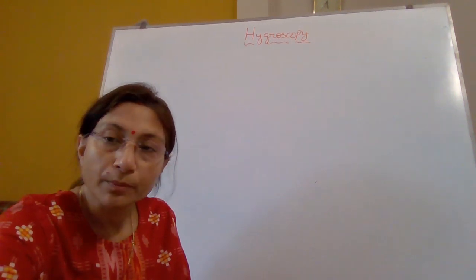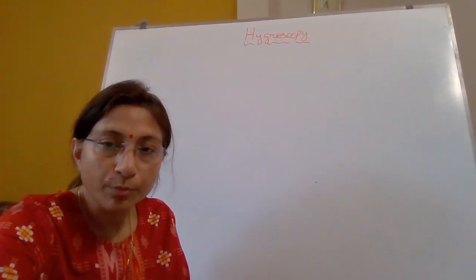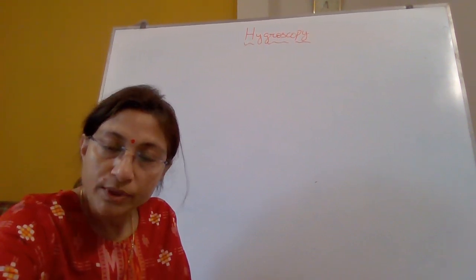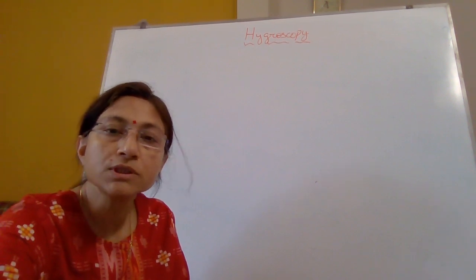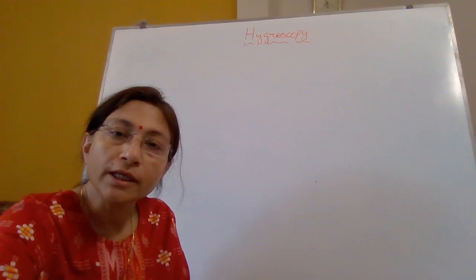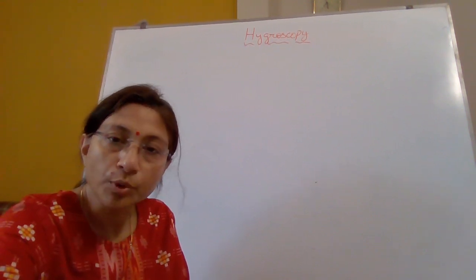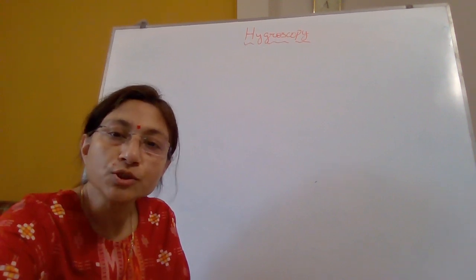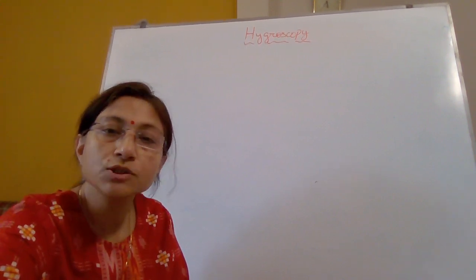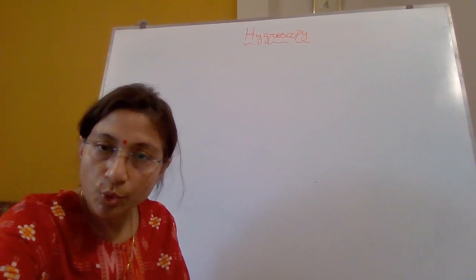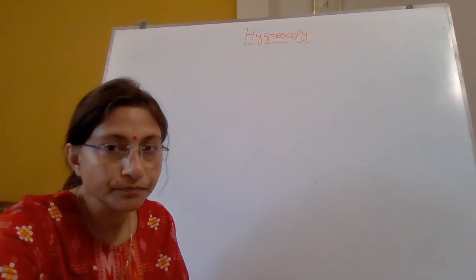Children, you must remember that you have learned the same type of phenomenon in deliquescency also. But in deliquescent substances, we have learned that they absorb moisture from the atmosphere and form a saturated solution. That means they dissolve by themselves as soon as they are exposed to the atmosphere because they absorb moisture.